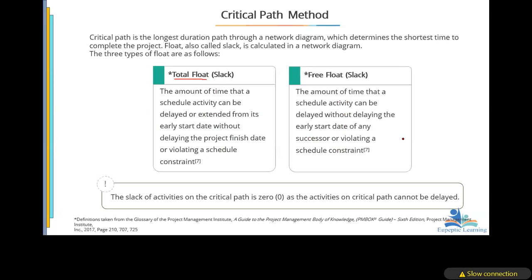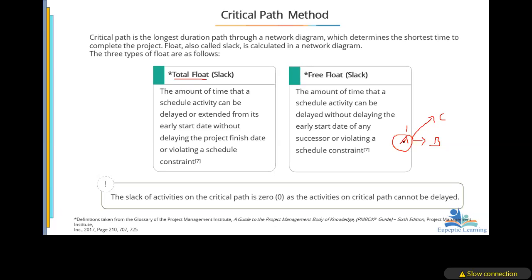In other words, we can delay activity A by 1 day such that it does not affect activity B, if activity B is the immediate successor of activity A. In some cases, activity A is a predecessor to, let's say, B and C. Now, if we delay activity A by 1 day, we should make sure that it does not affect the early start date of both successor activities.